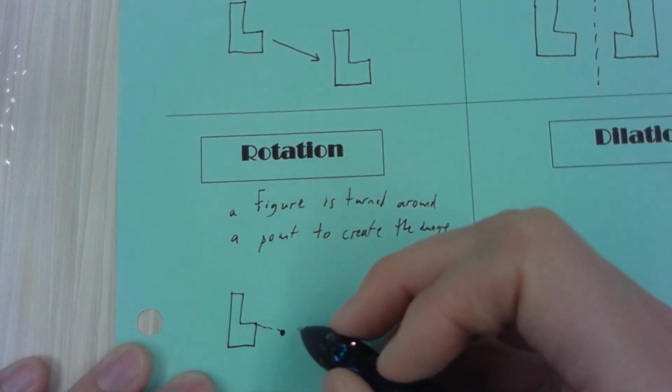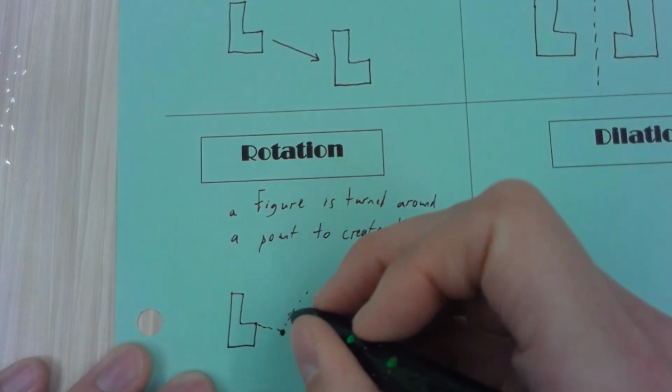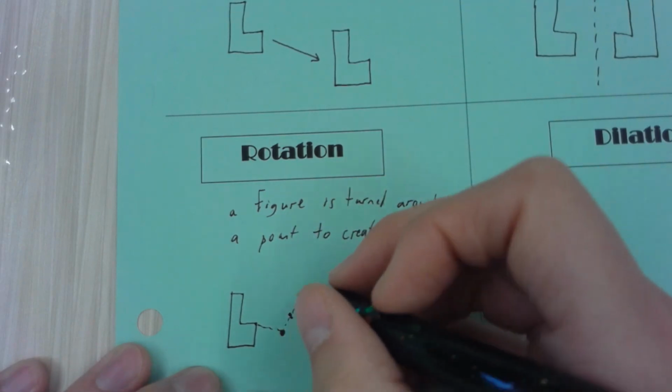Imagine I'm turning the spokes a certain degree measure, and everything about this gets turned.